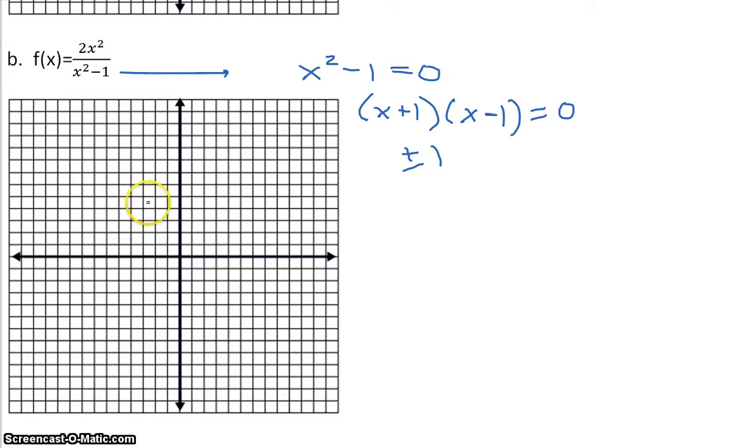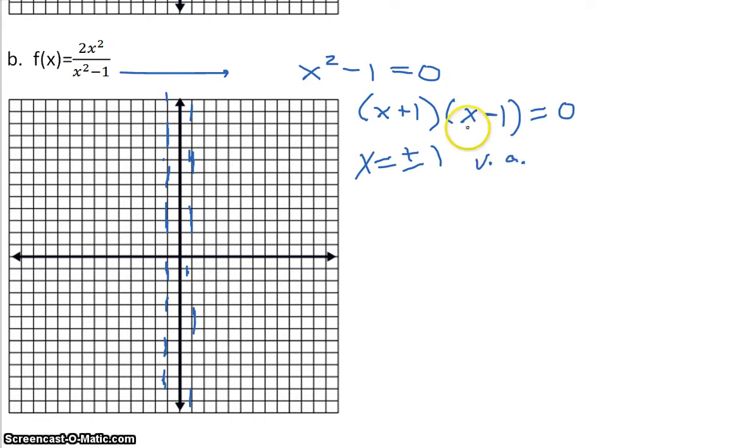So that means in terms of a graph, these imaginary lines that this graph will never reach. Okay, so these lines will never be reached. Those are your vertical asymptotes.